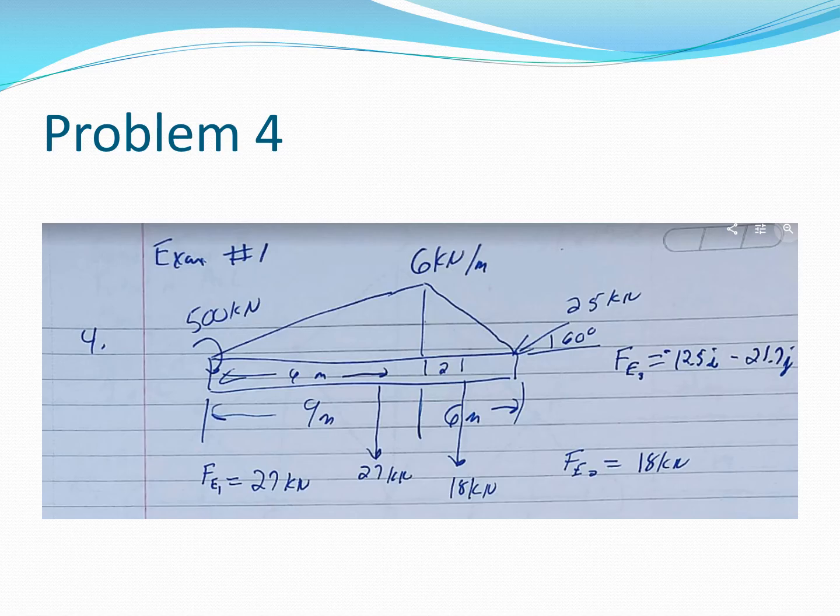I've labeled here the ends, and made sure to label everything to the side that I ultimately want to find the equivalent force from. What hopefully you'll notice here is we're going to need to find a force and we're going to need to find a moment.